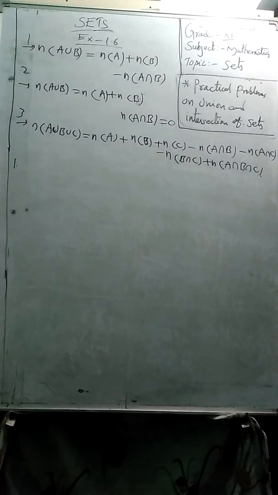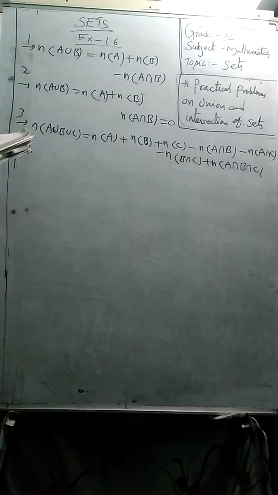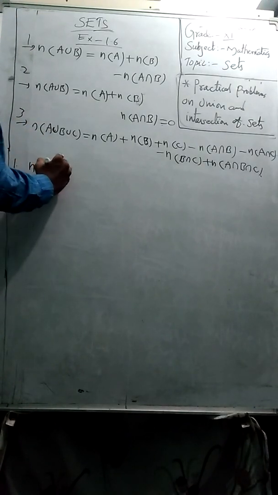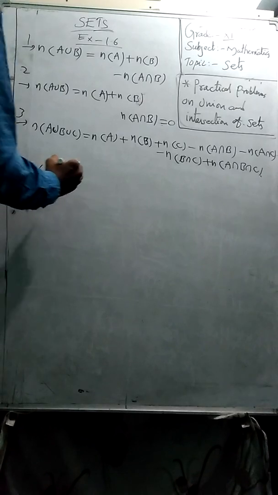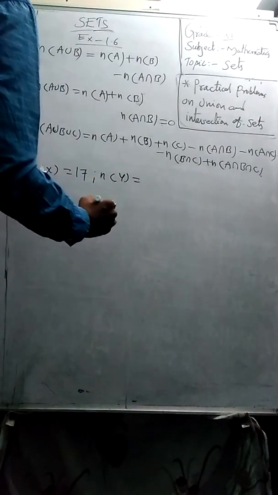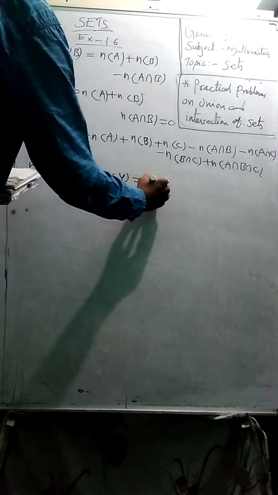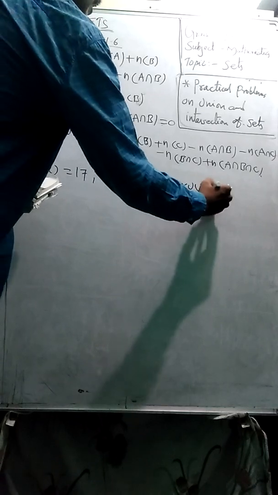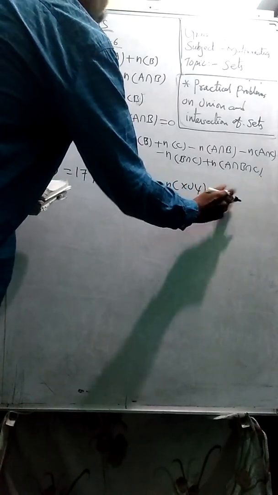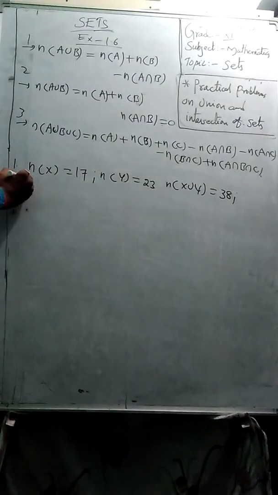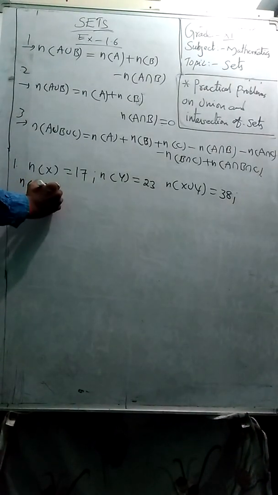Let us discuss some problems on that. It is given that x and y are two sets such that n of x, which is the total number of elements in x, equals 17, n of y equals 23, and n of x union y is given as 38. Then we need to find n of x intersection y.